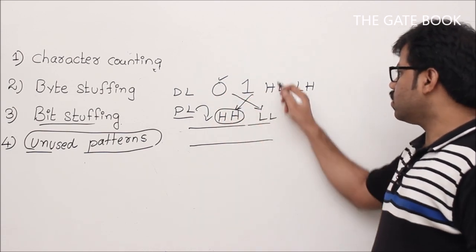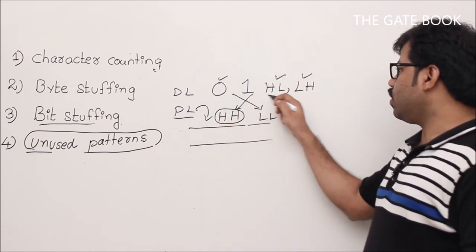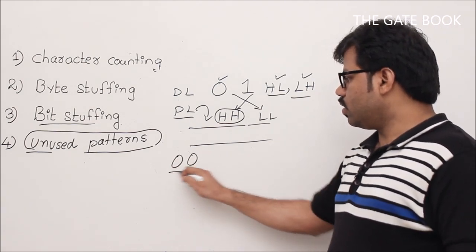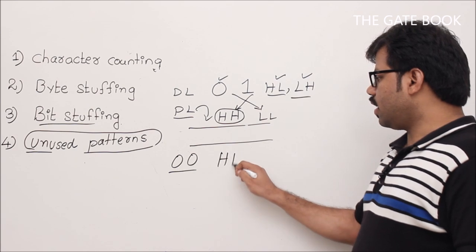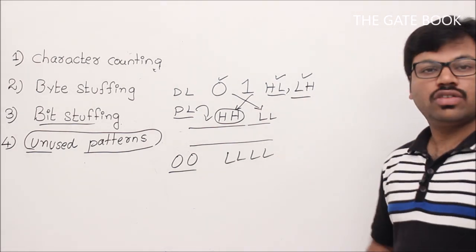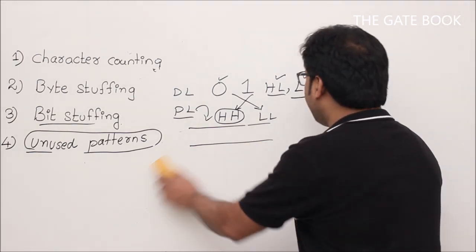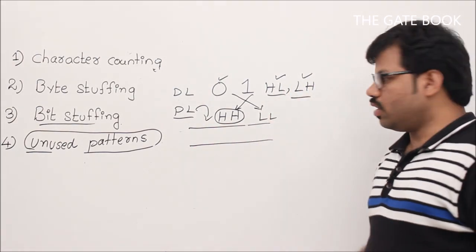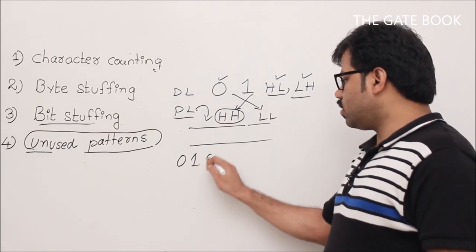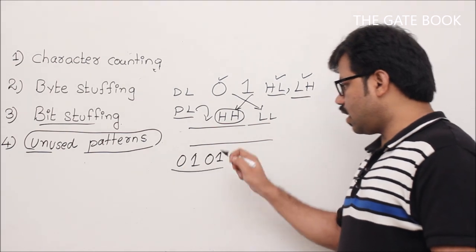In that case, these two are unused, so we never use them for data. Example, you want to write 0 0, then the signal sent is LL followed by LL. If that is the case, then we can use HL and LH for the start of the frame and the end of the frame. Example, 0 1 0 1 is your message or frame.